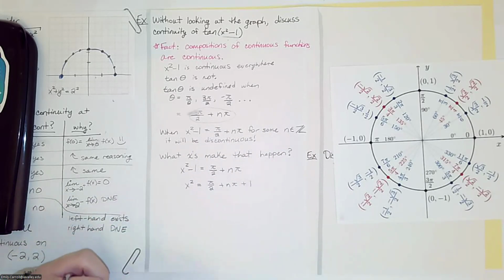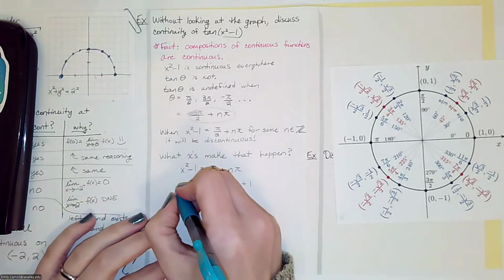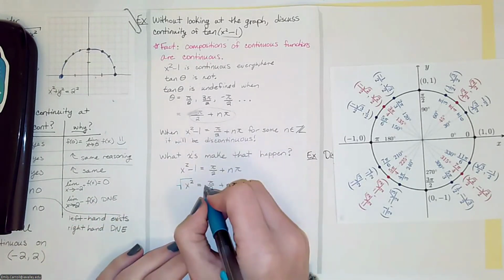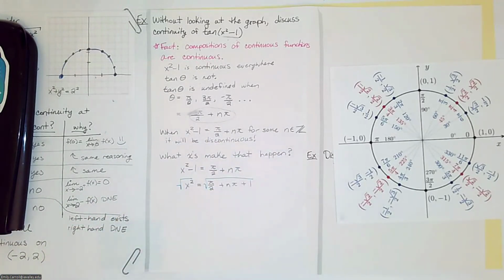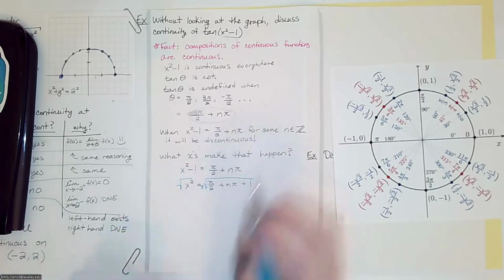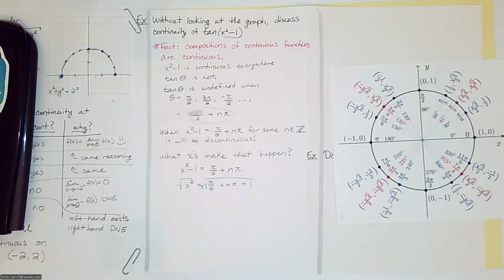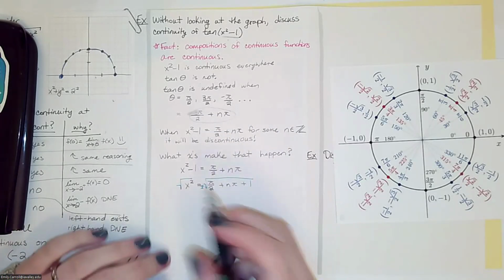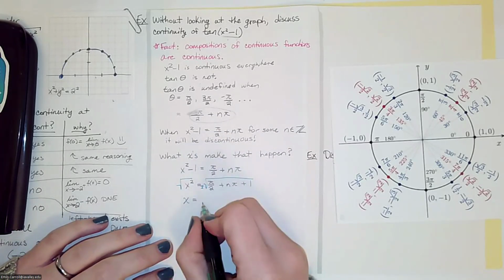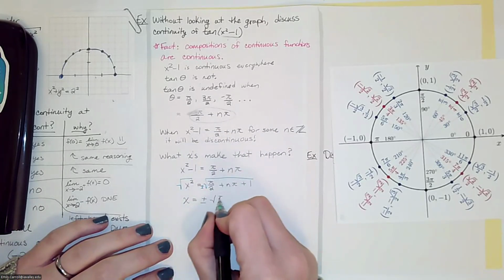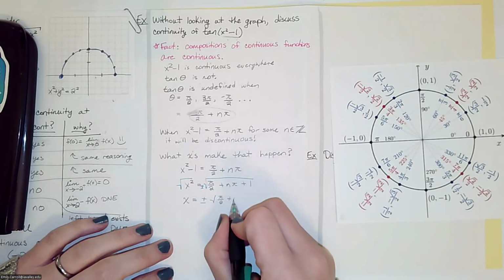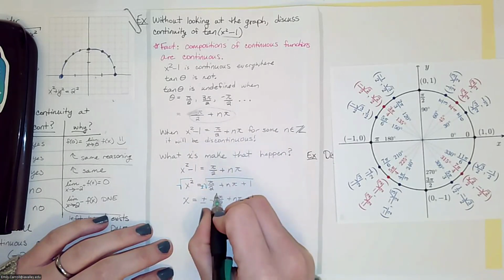So to get x alone here, I'm going to take the square root of both sides. And remember, anytime you take the square root of both sides of an equation, you have to put a plus or minus, because a square will eat a negative, and we don't know if there was a negative there to be eaten in the first place. So x equals plus or minus the square root of pi over 2 plus n pi plus 1.